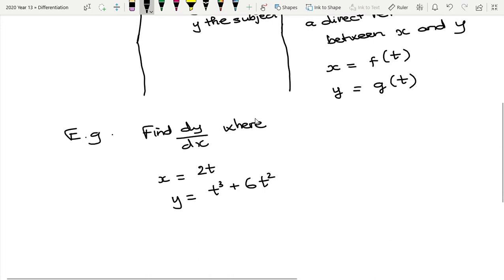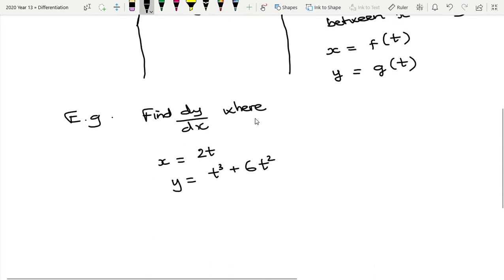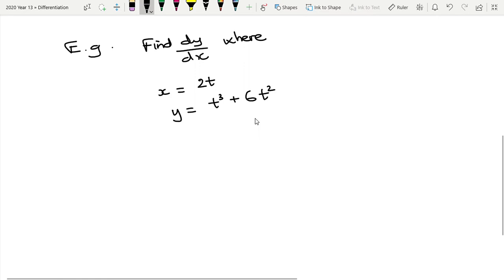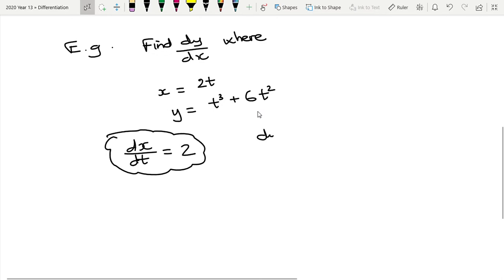Fairly simple. Because x is in terms of t and y is also in terms of t, straight away we can find dx over dt, which is 2, and also dy over dt is going to be 3t squared plus 12t. There you go.